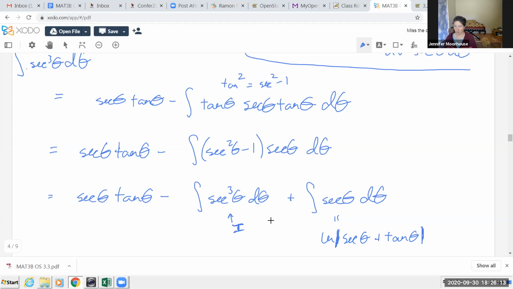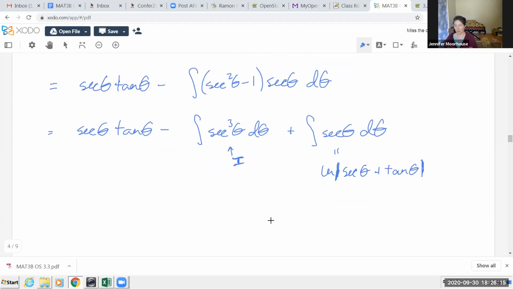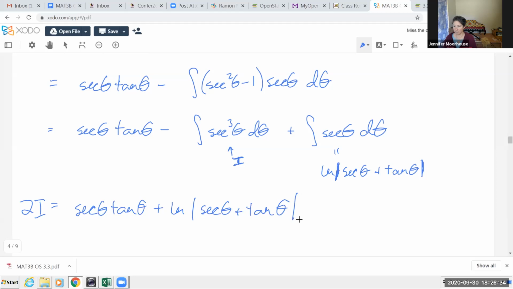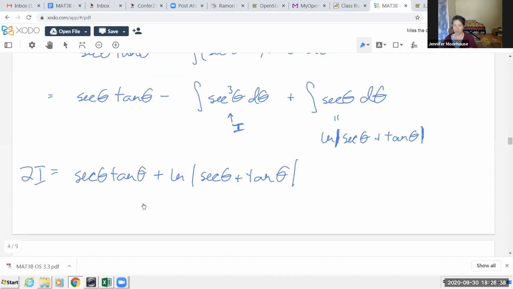So if I add I to both sides, I have 2 times I is equal to secant theta tan theta plus ln of secant theta plus tan theta, and now divide by 2.